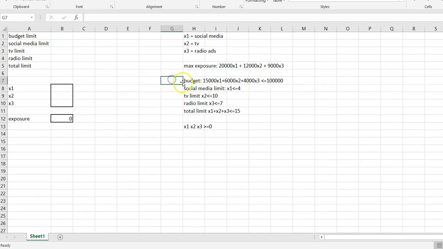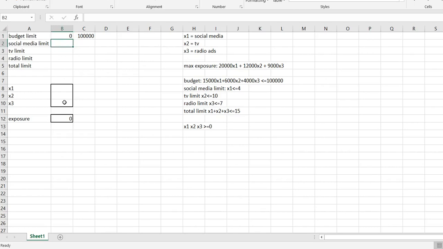Here's our budget. So it equals 15,000 times X1 plus 6,000 times X2 plus 4,000 times X3. That's our budget formula. We always start off with equals, and it has to be less than or equal to 100,000.